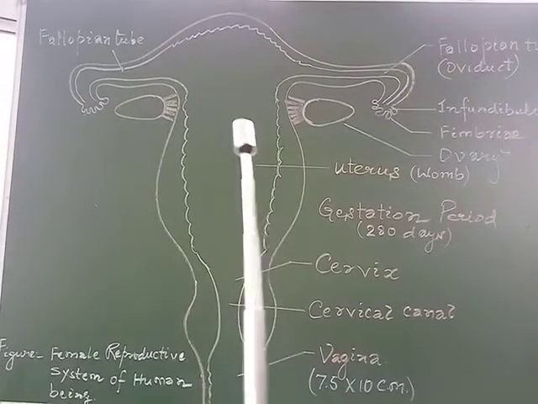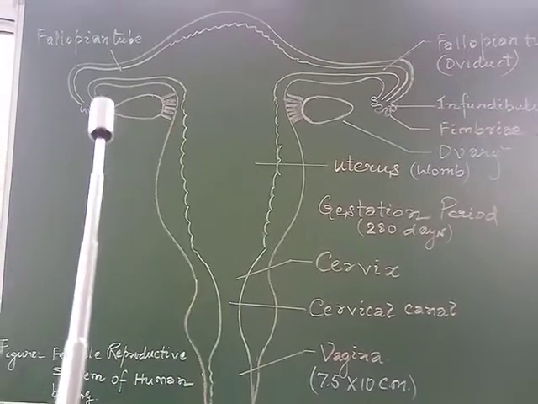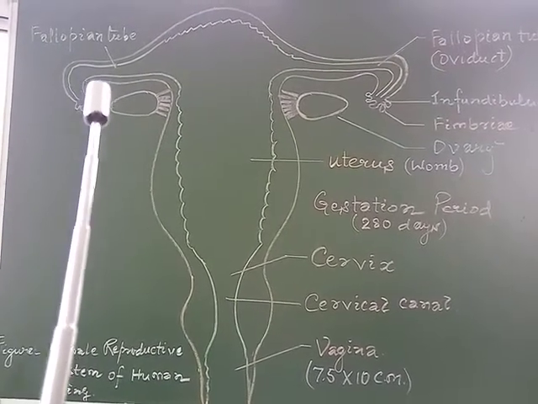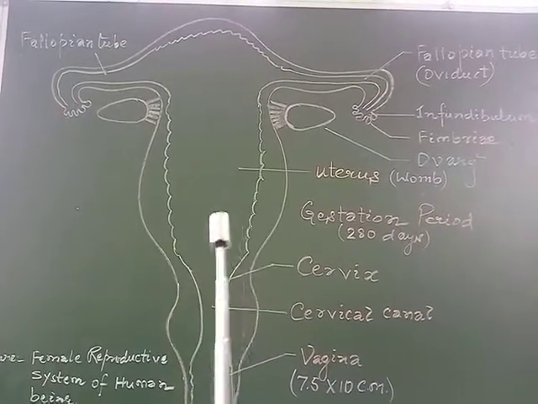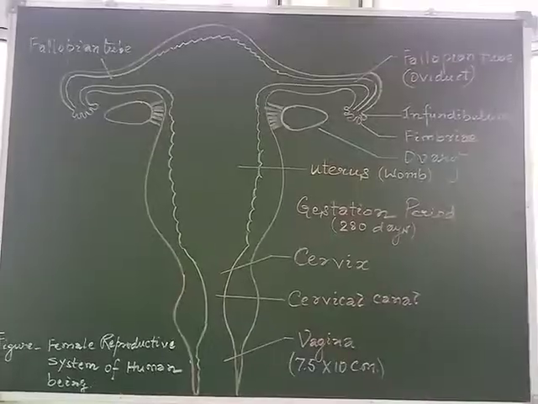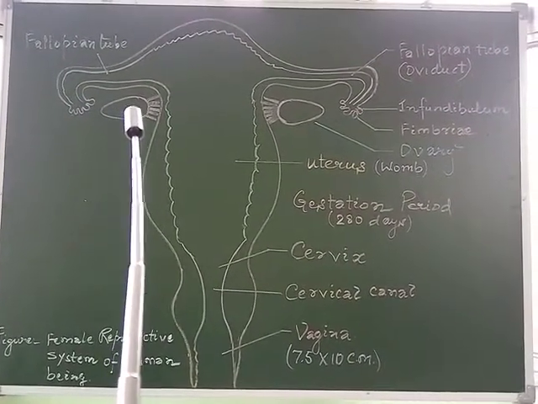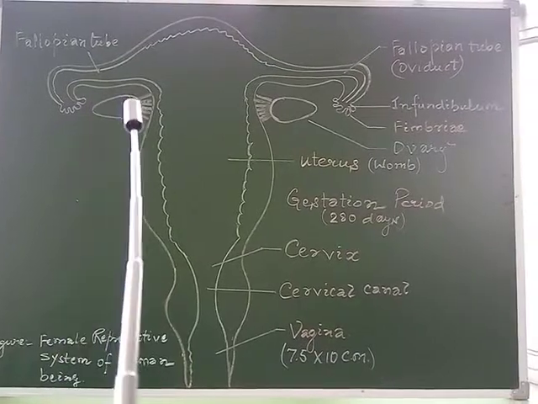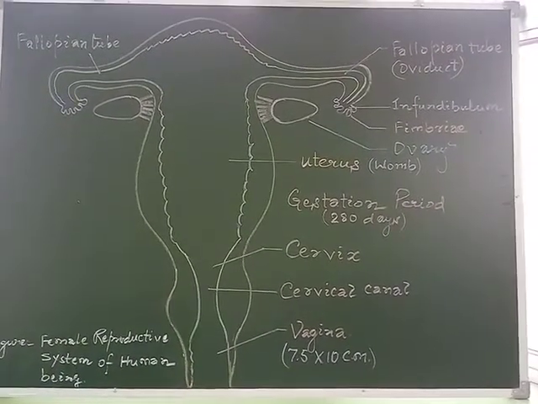So if fertilization has not taken place, what happens to the ovum and the vascularized uterine wall? The life of the mature ovum released by the ovary is about 1 day, or 24 hours.